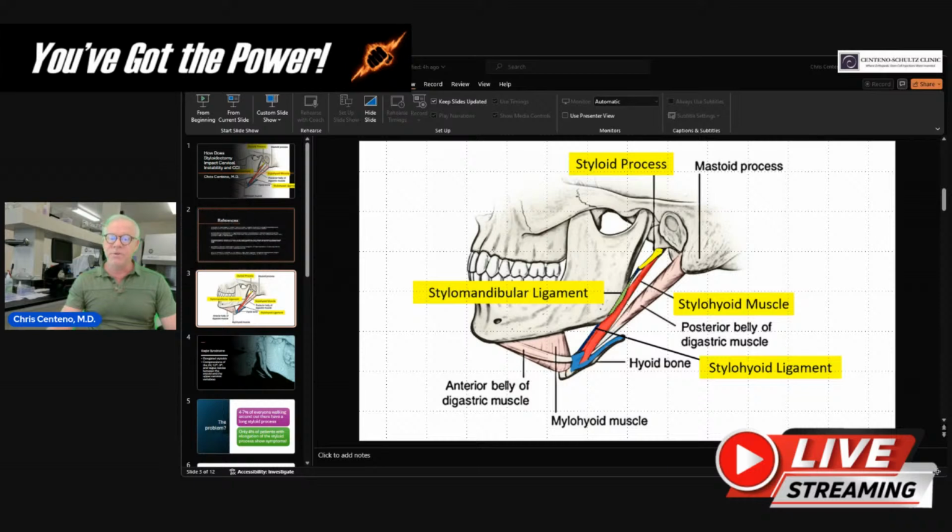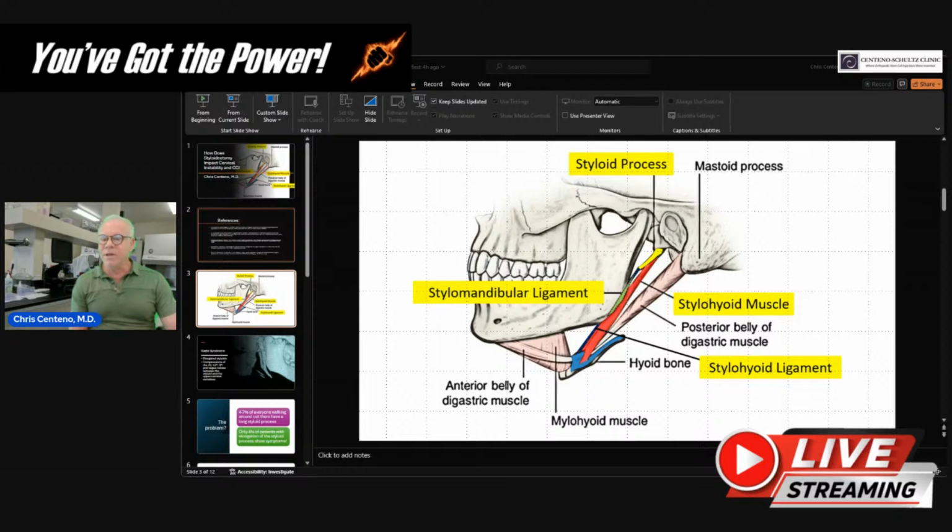Rather than doing the styloidectomy first, go to stabilize the CCI first. And again, this is in patients that likely have some element of Eagle syndrome and some element of craniocervical instability, or one is probably predominating over the other. No one really knows until one or the other gets treated.